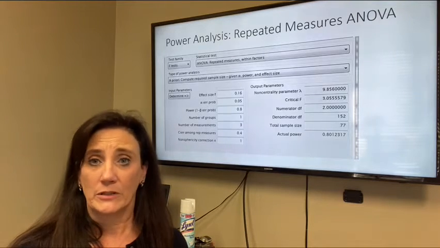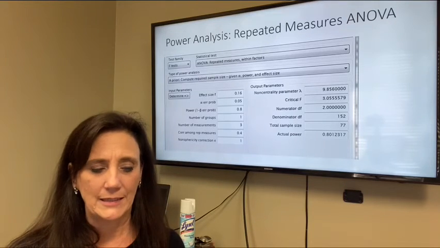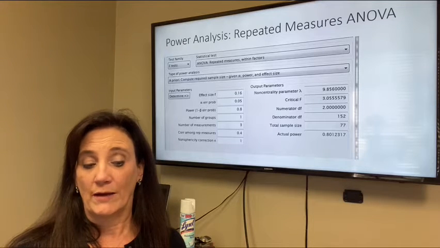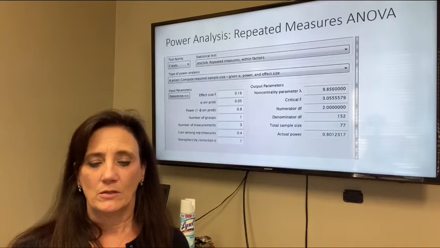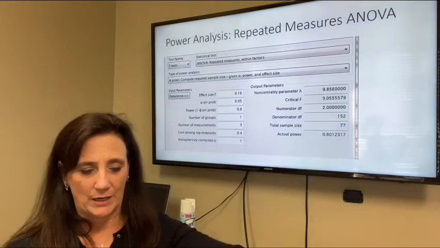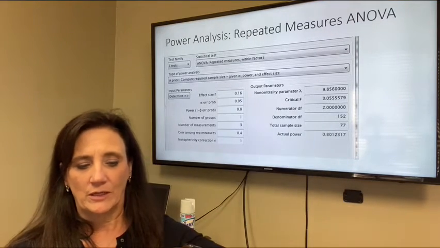Your alpha level is 0.05, power that you want to achieve is 0.8. At this point, it's telling you that you have one group and 3 measures. So it's your independent variable, right? It's your repeated measure that it's talking about.